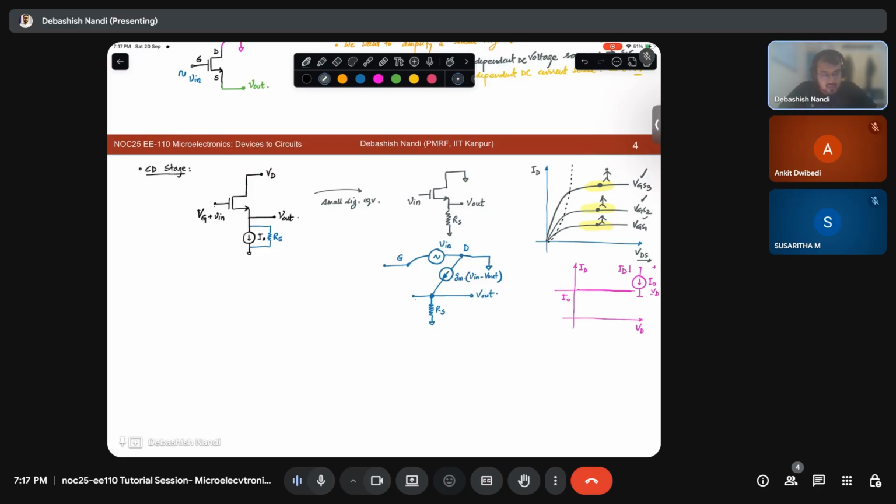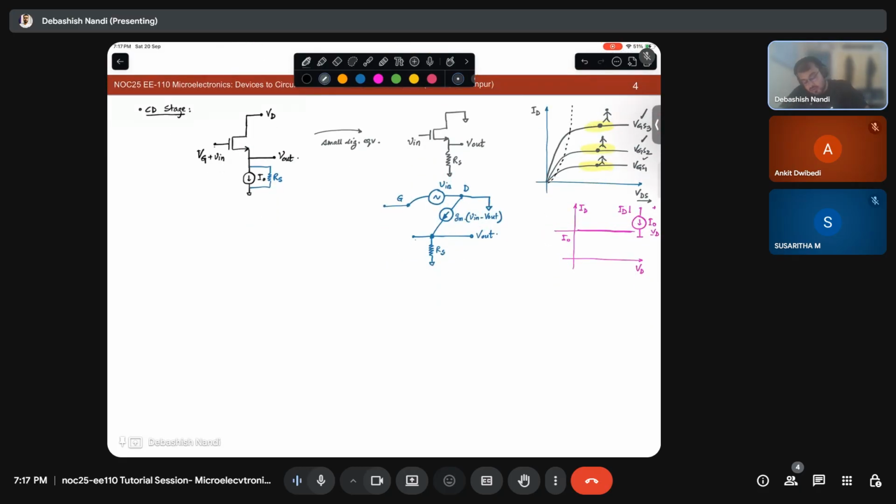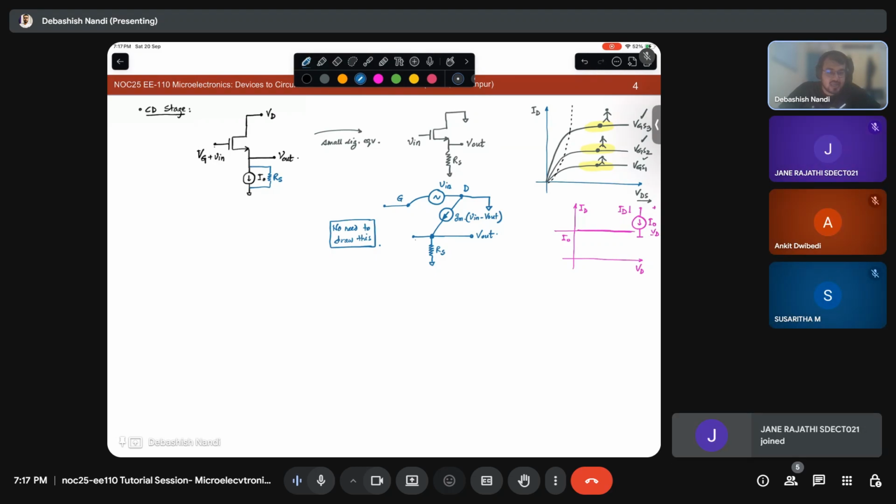But what I'll tell you is that from now on, to analyze this kind of circuits, you don't need to draw this. No need to draw it in terms of your current sources, voltages, resistances, etc. If you understand the concepts behind it, you can directly analyze your circuits in this itself.